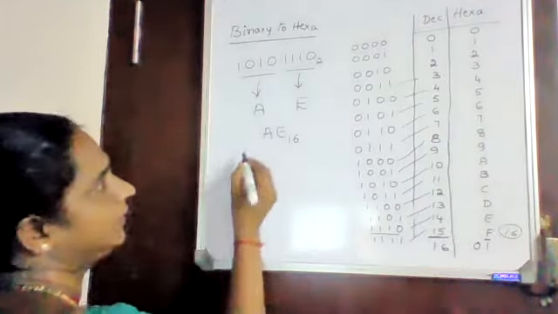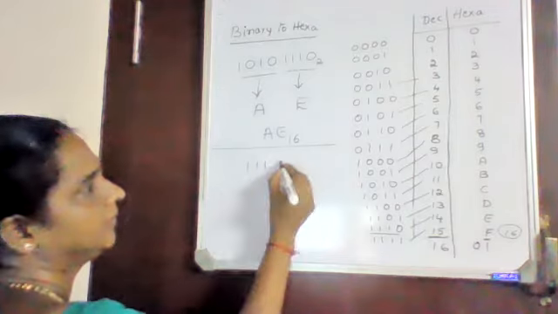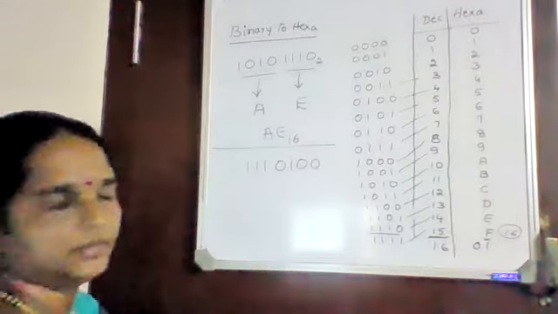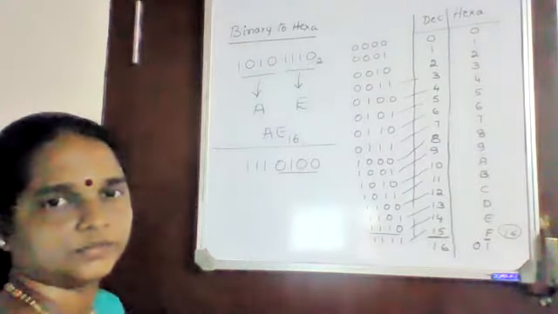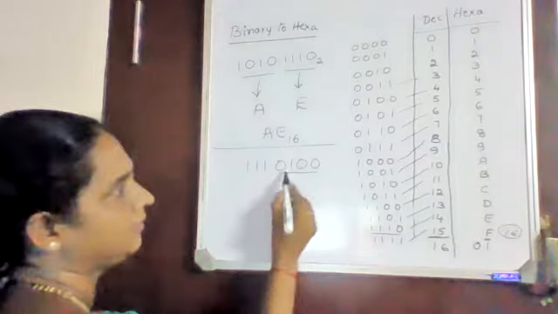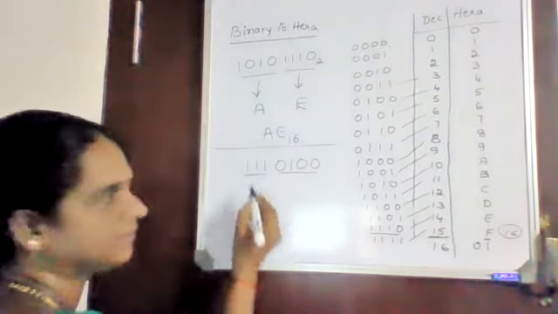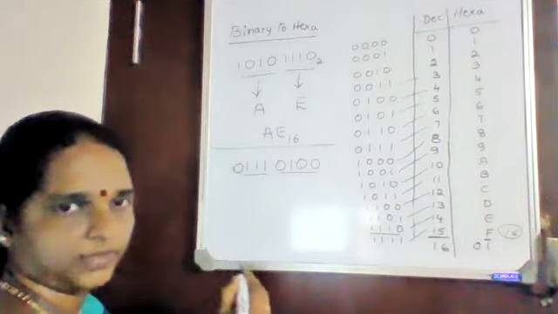One more number we will convert, 1110 110. Okay, so group into 4 bits, 0110, one group, and 111, which has only 3 bits. So you can consider one leading 0 here, no need to write.